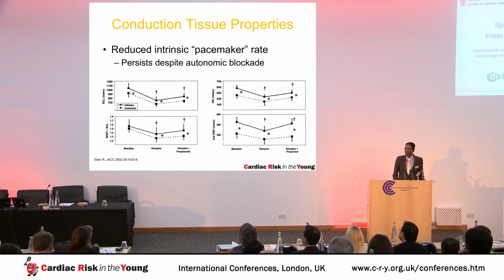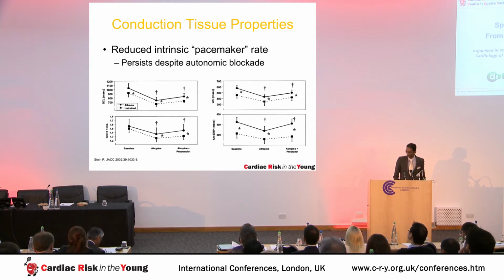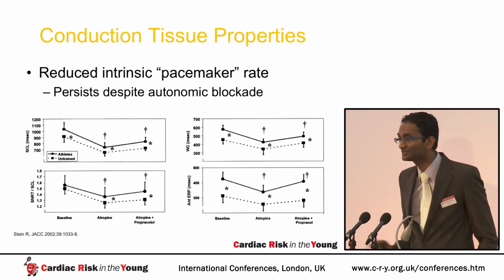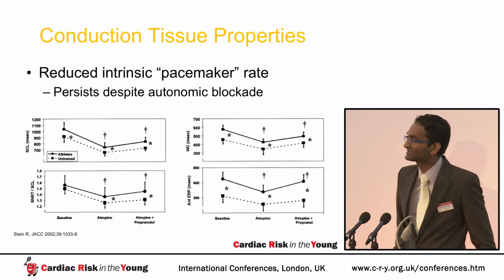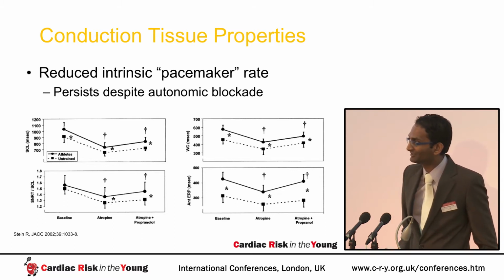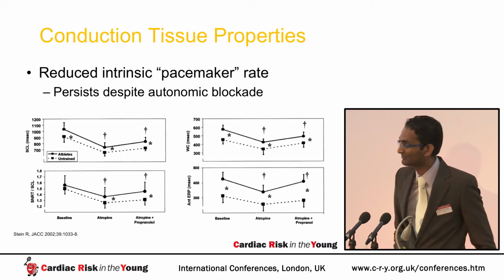This is perhaps best illustrated by this Brazilian invasive electrophysiological study of 6 athletes indicated in the solid black lines on these graphs, and 6 matched sedentary, untrained individuals in the interrupted lines. What this shows is that irrespective of which invasive measure of sinoatrial function or atrioventricular conduction, athletes have a parallel response to chemical autonomic blockade.